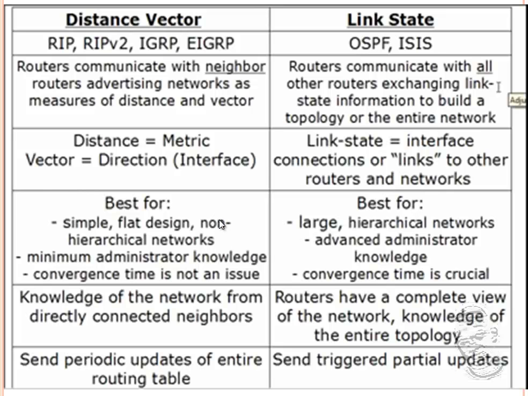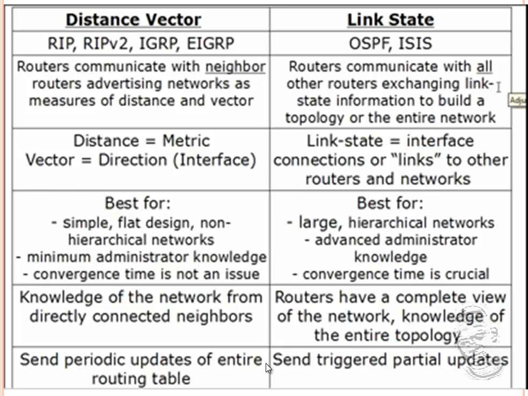Knowledge of the networks, they gather that from directly connected neighbors. Whereas link state has complete knowledge of the entire topology of the network. They know everything in terms of which network would go down, and where the best path to go is.